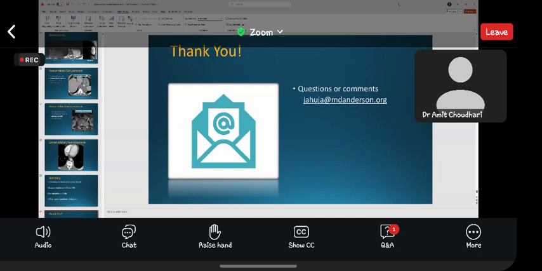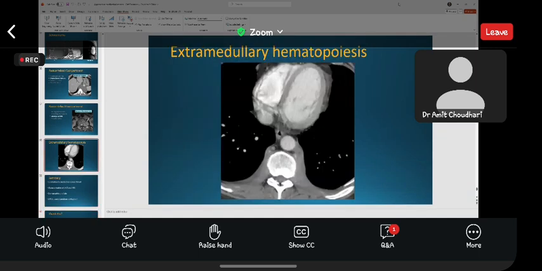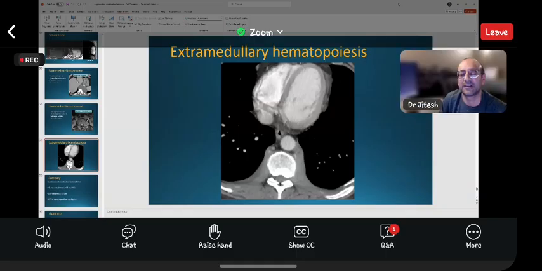Awesome. So the last case you showed was a case of extramedullary hematopoiesis in a patient with leukemia. Can one effectively differentiate between the two on a single imaging? No. If somebody tells me this patient has lymphoma, this can look very similar.